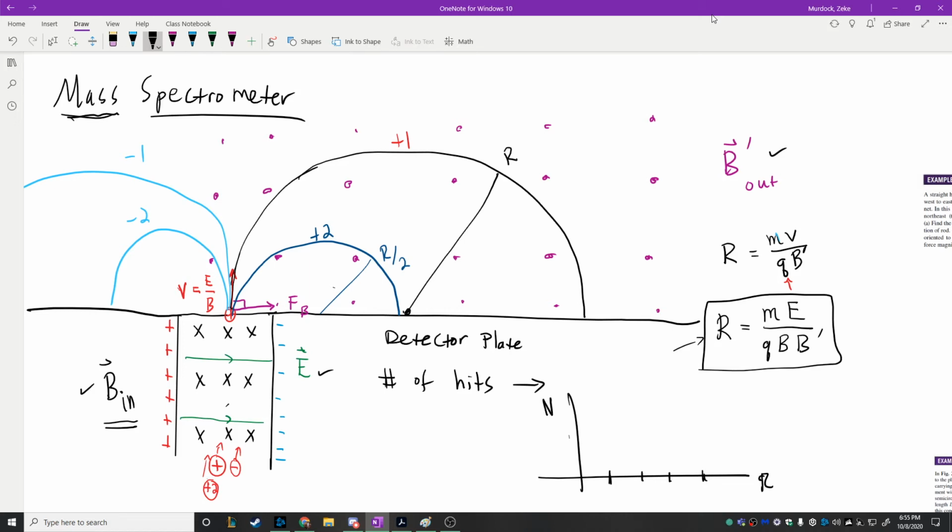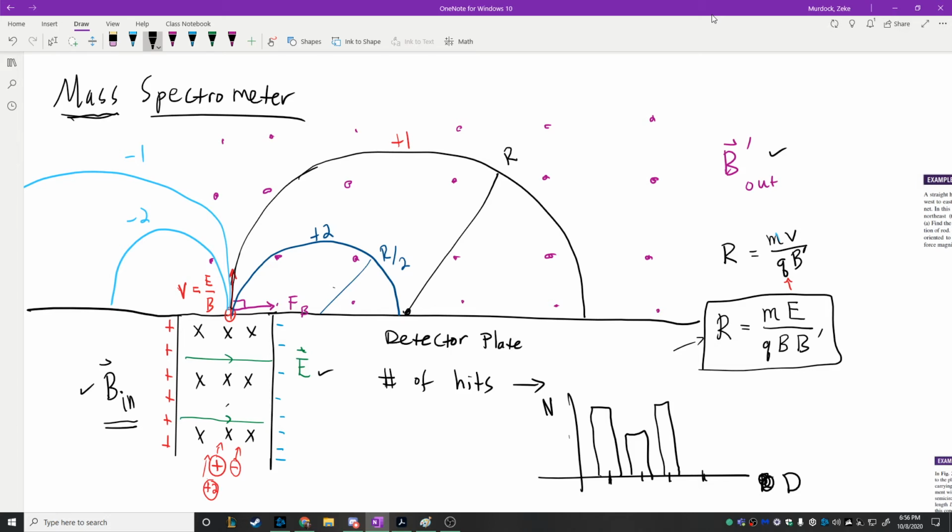Actually, usually they plot the diameter. And it might be like, oh, so many hit at this point, and maybe a bunch more hit here. And you use that to find something about the ratios that are within the mixture.